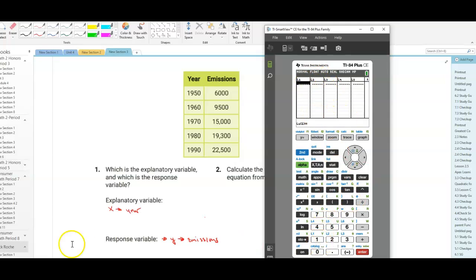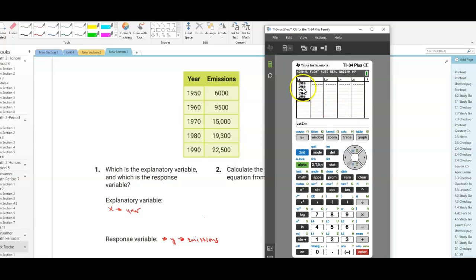I'm going to enter these years: 1950, enter, 1960, enter, 1970, enter, 1980, enter, and then 1990.